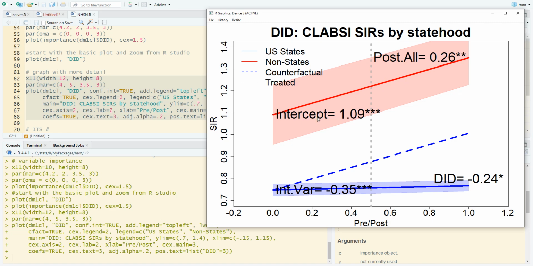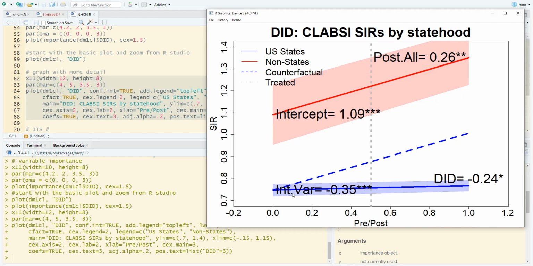Post all is the change in the intercept, or the pre and post change. How much more did the SIR increase in the post period for our control group? And that value is 0.26, and it's significant.